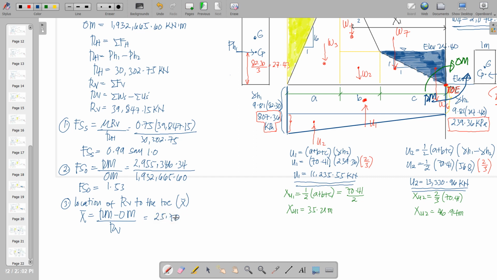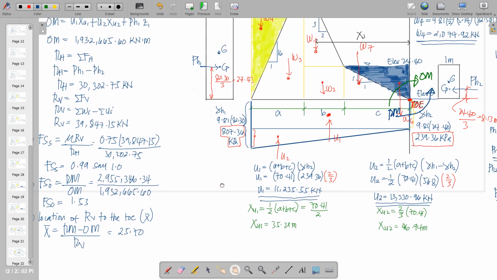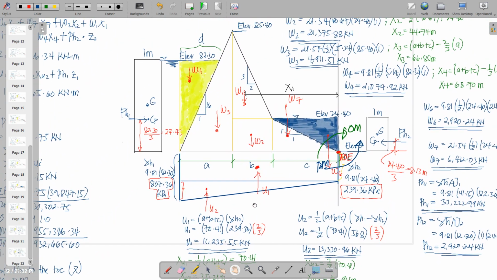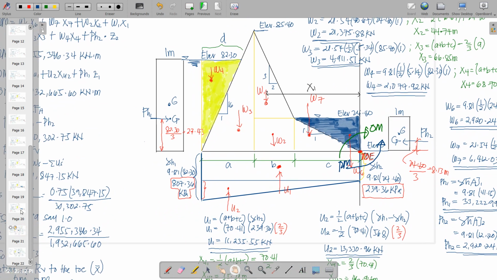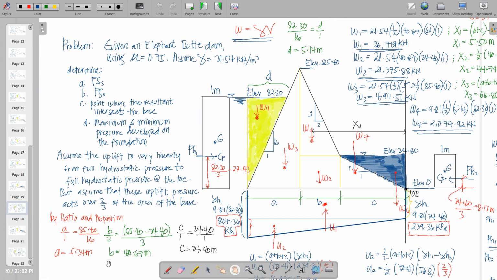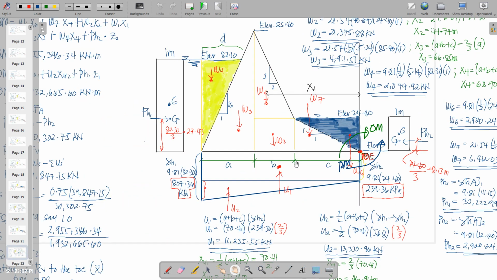If we investigate 25.7, the value of C a while ago was 24.4. So it is exceeding this portion, right? Therefore, our resultant will lie within the middle thirds.